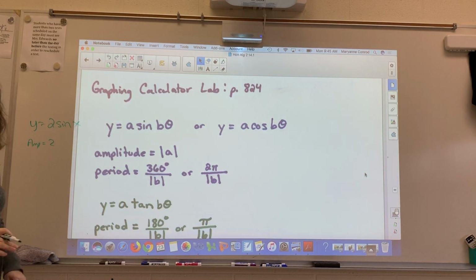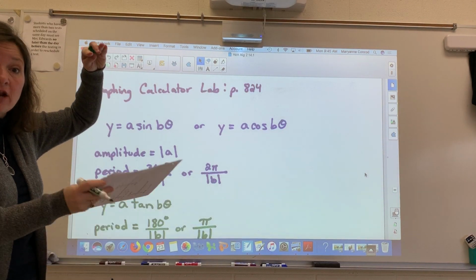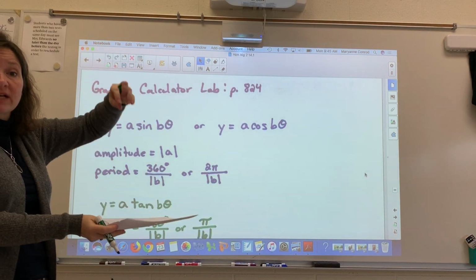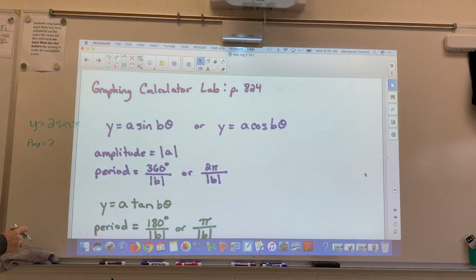That means it's going to have a higher maximum and a lower minimum. It's going to vertically stretch it. If it's negative 2, it's still the absolute value of negative 2, which means the amplitude is still 2. We're going to talk about what that negative does to the curve. What do you think it does to the curve?